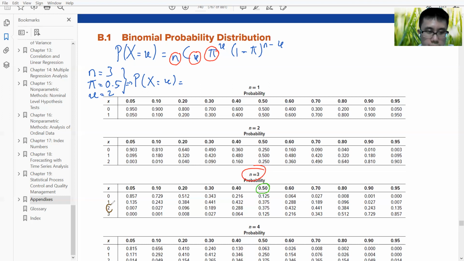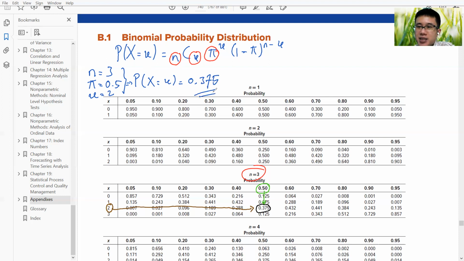From these two points, from 2 go to the right, and then from this 0.5 go down, and our intersection is this value, 0.375. So by this table, this probability is equal to 0.375.